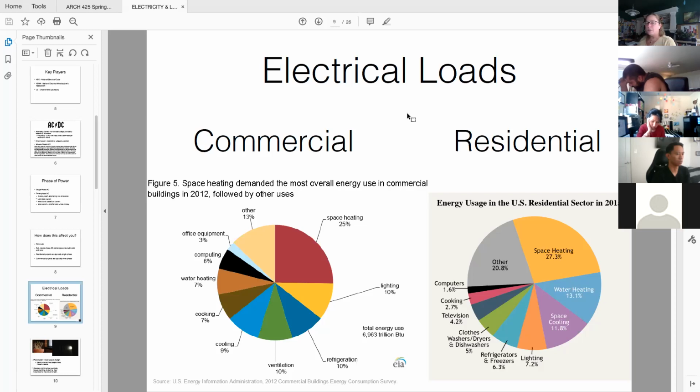Water heating is much bigger on residential because in commercial use, you're not taking showers, well, it depends on the commercial use. It's not as great. Refrigerators, freezers, cooking, office equipment. The only thing you can really make a difference with in your designs and working with your engineers is the other load.